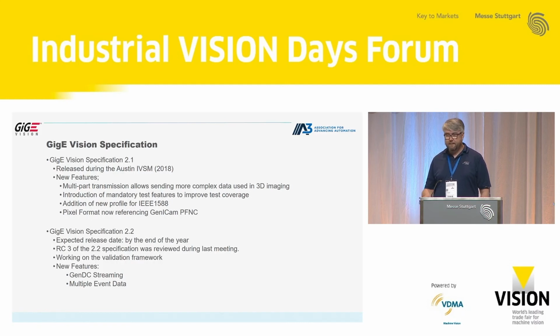We're working to get the GigE Vision validation framework in line with the GigE Vision 2.2 specification before it's released, so that we can have that enhanced interoperability and ensure things work when the spec is released. The main features for that are the introduction of GenDC streaming, as well as the inclusion of multiple event data.